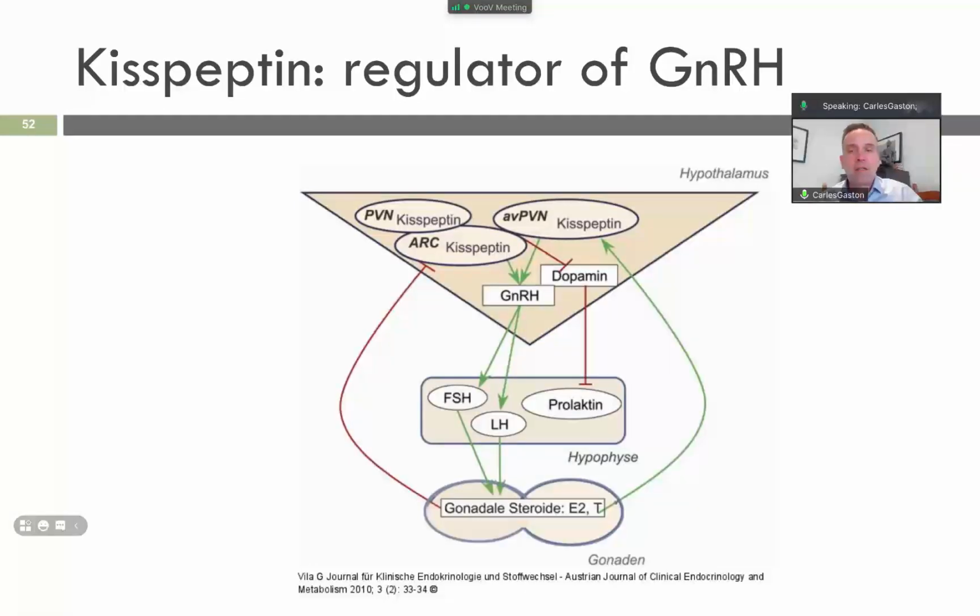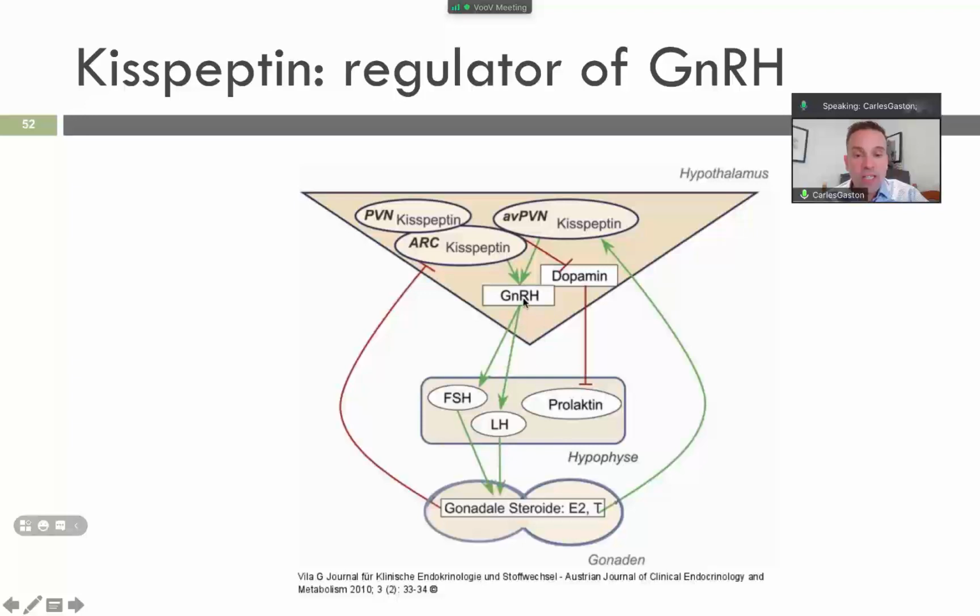Just as a last slide, for the neurons of the hypothalamus, the production of GnRH is also regulated by another neurohormone, which is called kisspeptin. Kisspeptin is a regulator of gonadotrophin releasing hormone, and it is expressed in the PVN and in the arcuate nucleus. Kisspeptin is shown to activate gonadotrophin releasing hormone.